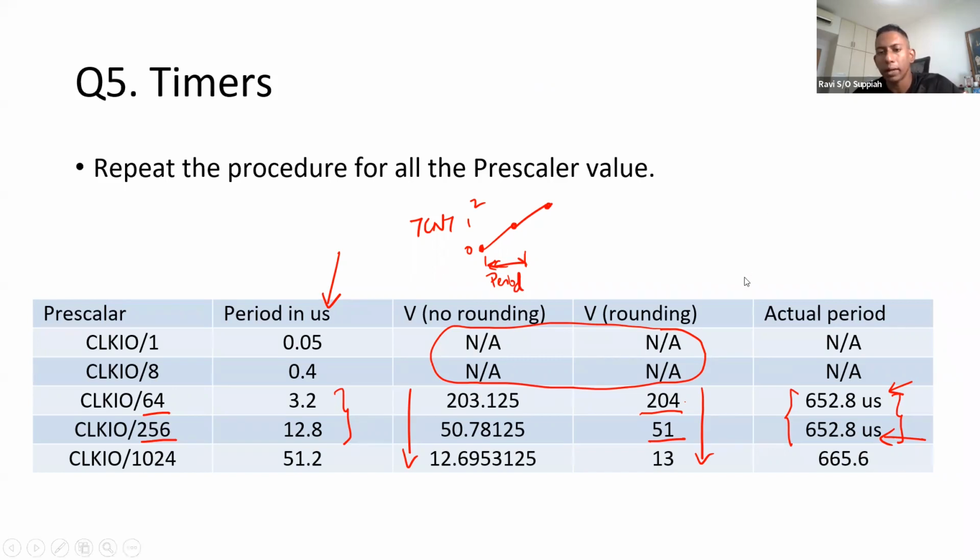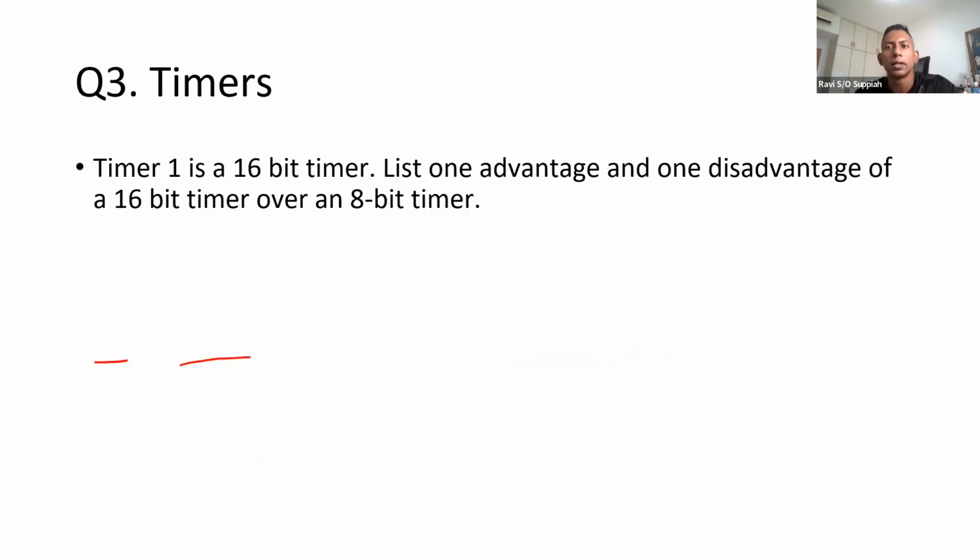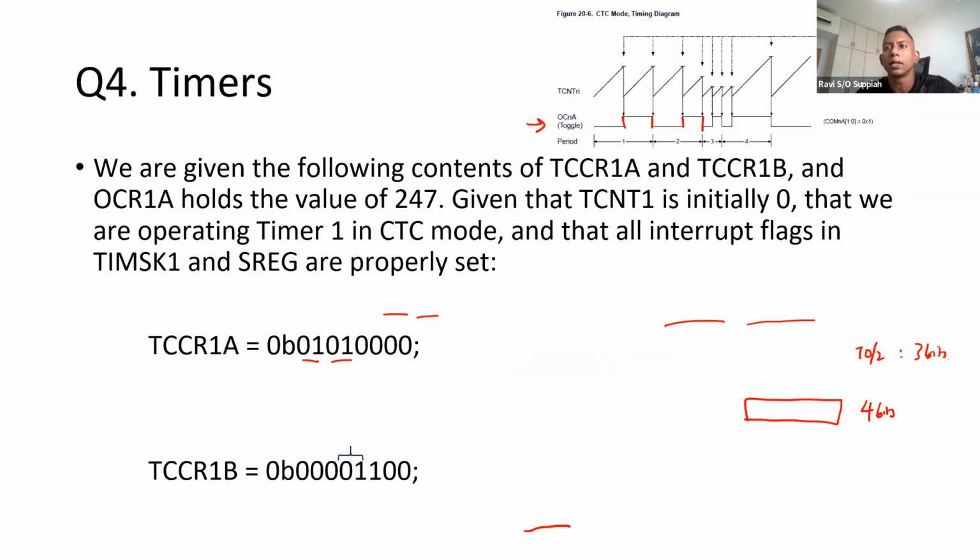The question is, where does the output compare match occur? The output compare match occurs when the TCNT matches the OCR register value. Whenever the TCNT matches the OCR register value, the output compare match occurs.